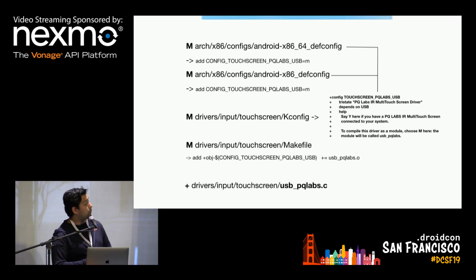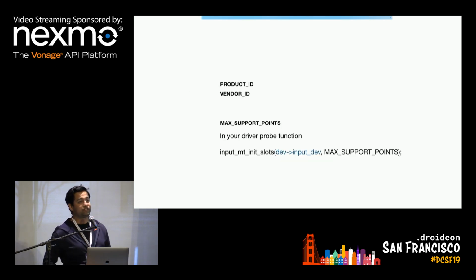There's going to be a corresponding addition in the Makefile, where you add the object file that's going to be generated for your driver, and finally, the most important thing is the driver itself. Now, of course, getting into the whole device driver development might be another topic in itself, but to give the important parts, I needed to refer to the previous driver for understanding the product ID and vendor ID.